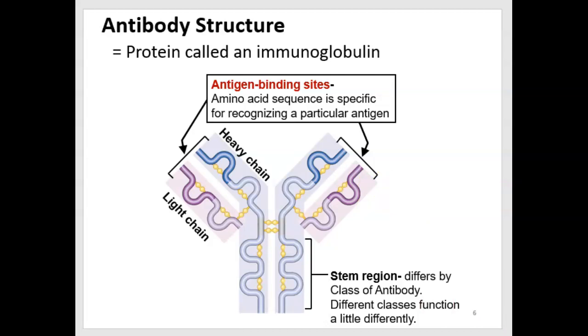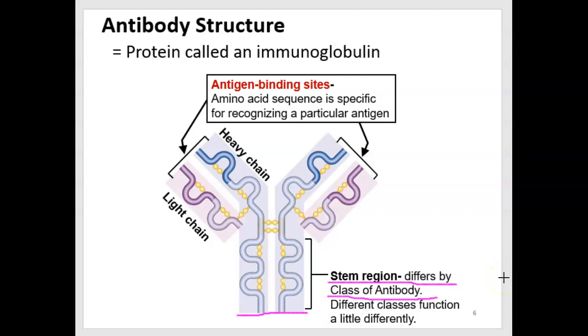At the very end of the heavy chains, the base of the Y, is the stem region. It's this stem region that determines the class that an antibody belongs to. So the stem will have a polypeptide sequence that differs by the class of antibody.